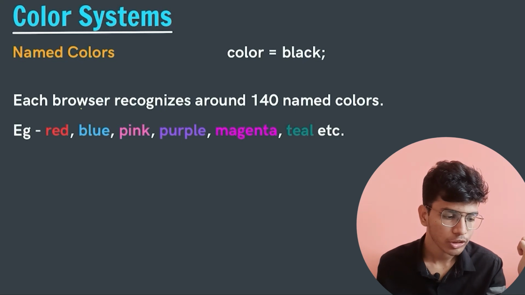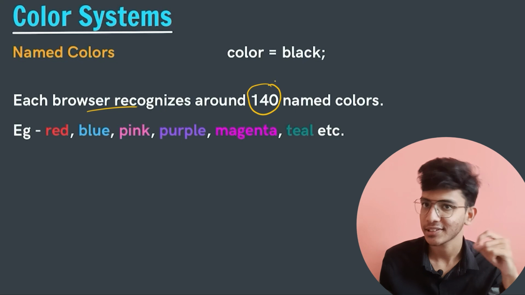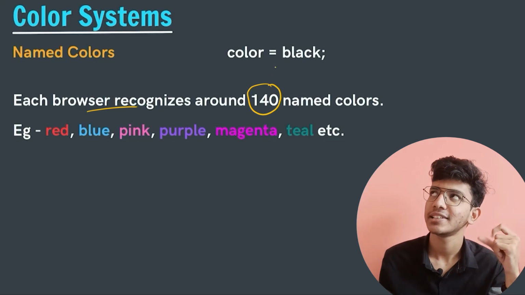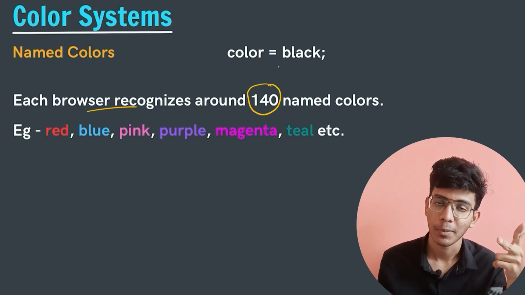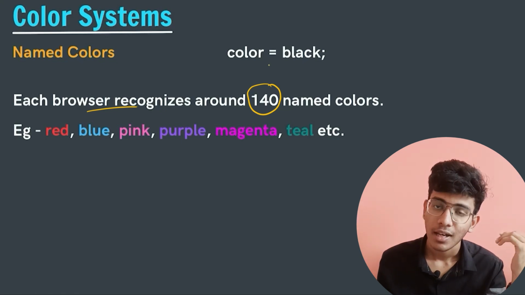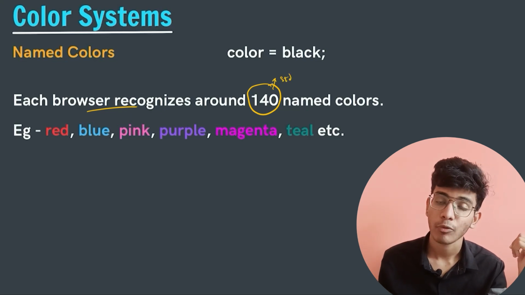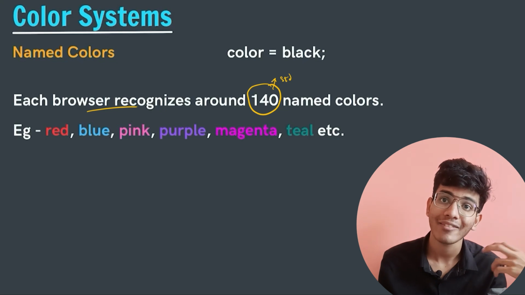Each browser recognizes around 140 standard colors. What are standard colors? Let's say white, black, blue, orange, red, green, purple, right? Like this, there are 140 standard colors which are recognized by our browser.